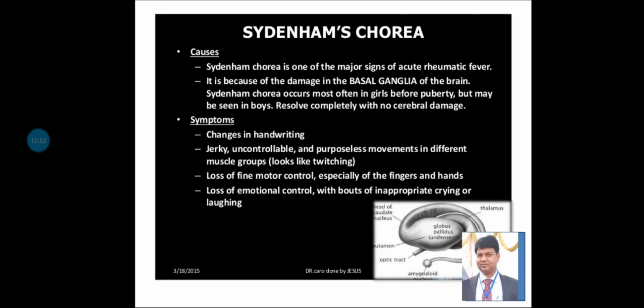It resolves completely with no cerebral damage. Symptoms are change in handwriting, jerky, uncontrolled and purposeless movement in different muscle groups, loss of motor control, especially of the fingers and hands, and loss of emotional control with bouts of inappropriate crying and laughing.